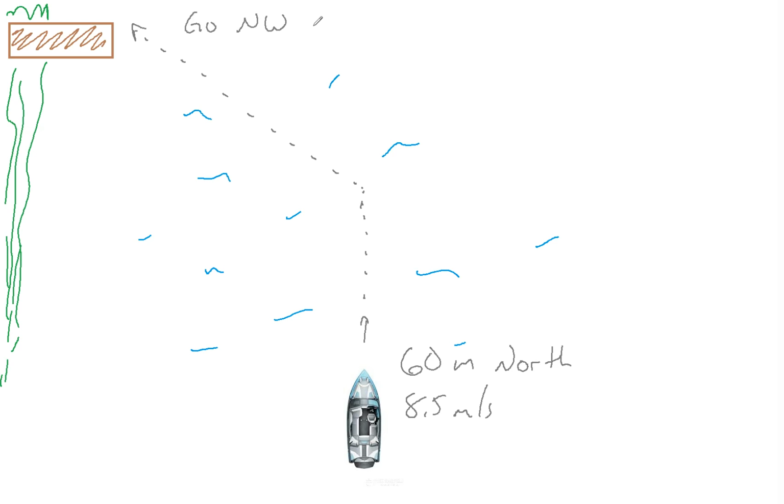Typically, you want to slow down when you're approaching a dock, so you're going to go northwest at 3.8 meters per second for 22 seconds. So driving north for 60 meters at 8.5, then you turn left, going perfectly northwest at 3.8 meters per second for 22 seconds to get to the dock.